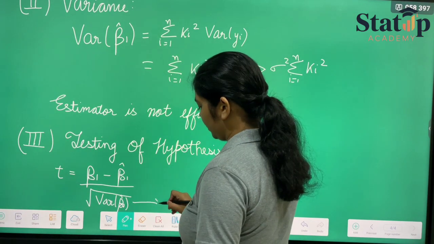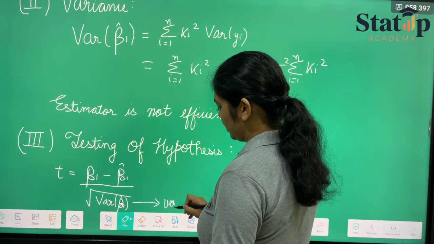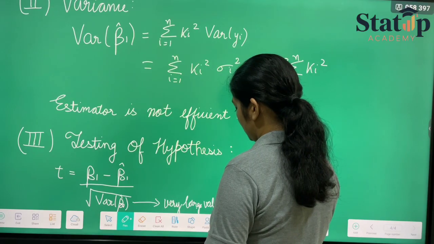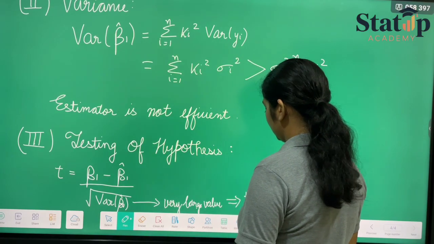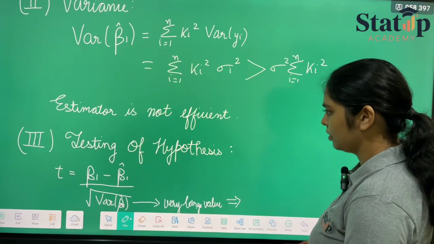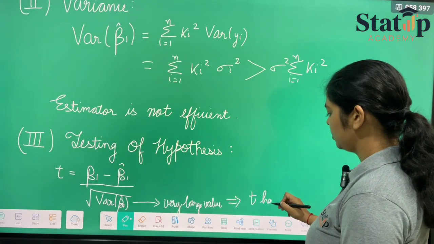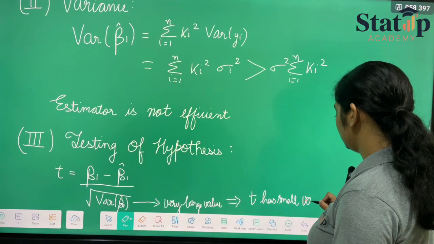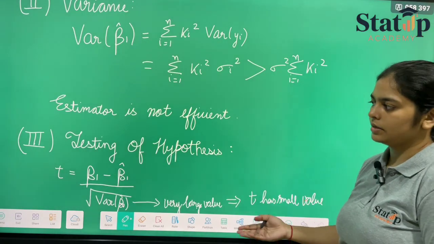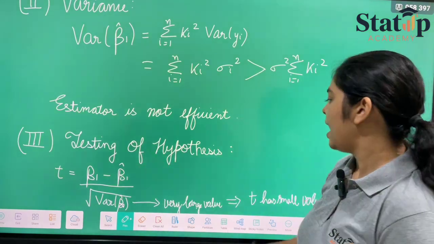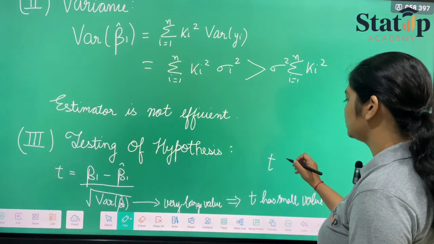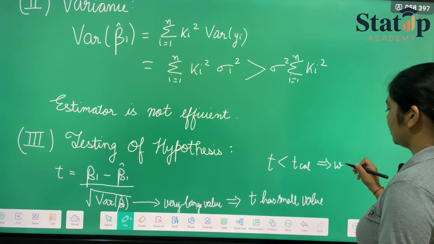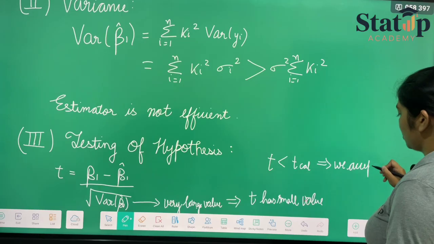Now we know that this variance has very large value, and hence t has small value. Variance is large, t will become smaller, and hence t is less than t calculated, which means we accept H naught.